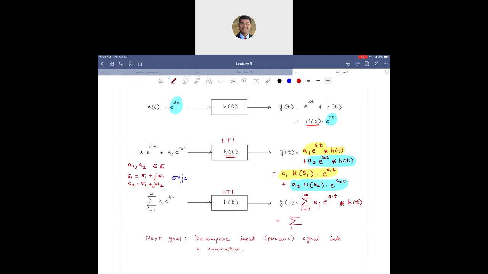I still goes from 1 to infinity. You can leave a sub I as is. You can leave the e to the s I t as is, because those are my eigenfunctions, and their corresponding eigenvalues now will simply get multiplied, h of s sub I.